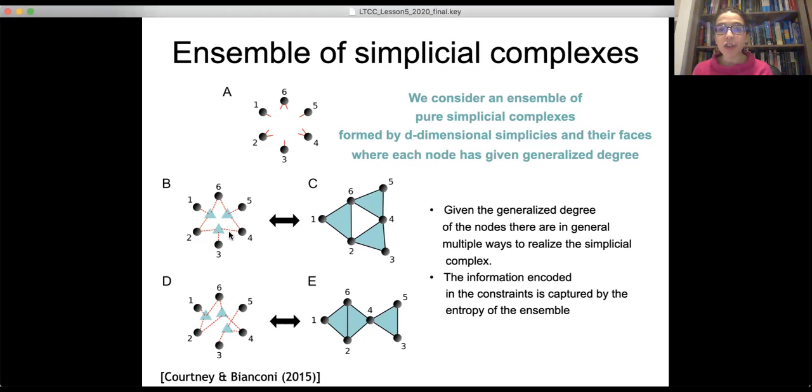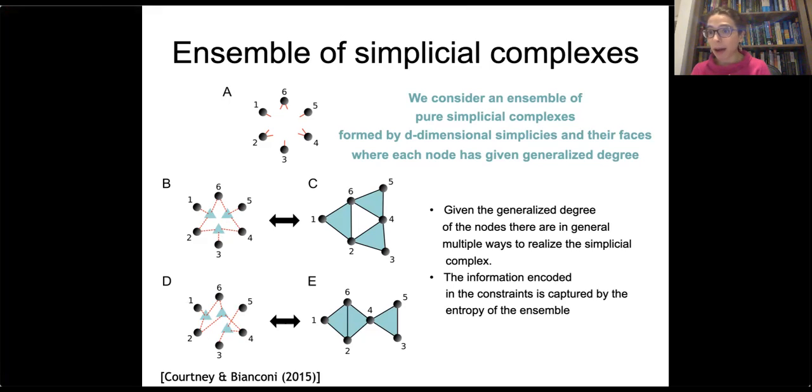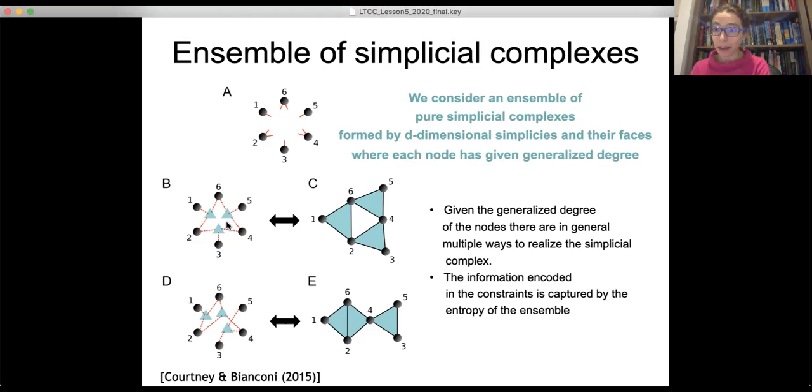And then we match the stubs, forming a three-body interaction for a two-dimensional simplex, or a higher order interaction for a higher dimensional simplicial complex. So here, for instance, nodes 2, 3, and 4 are matched in this three-body interaction, so they are connected in the simplicial complex by a triangle.